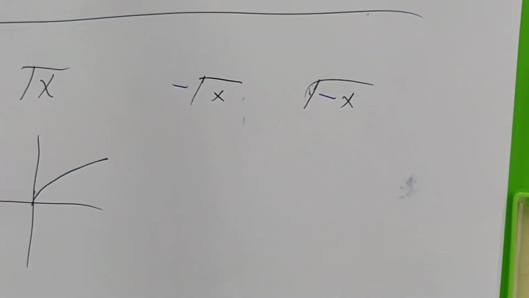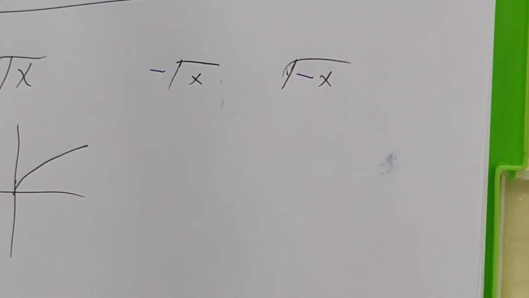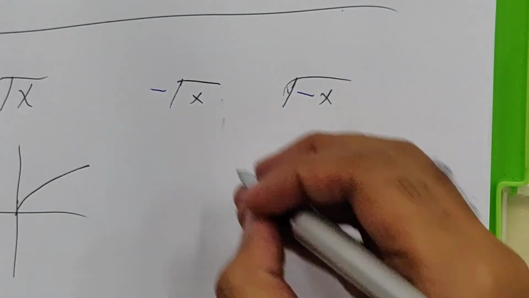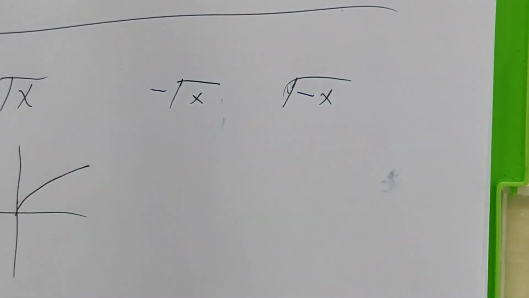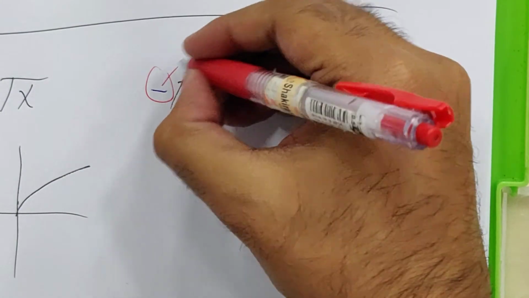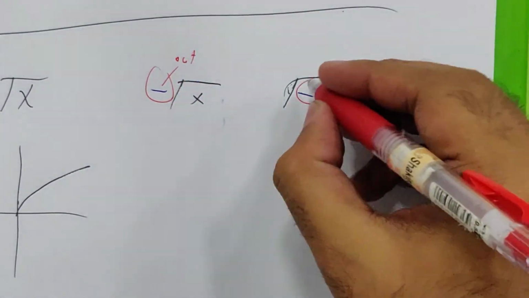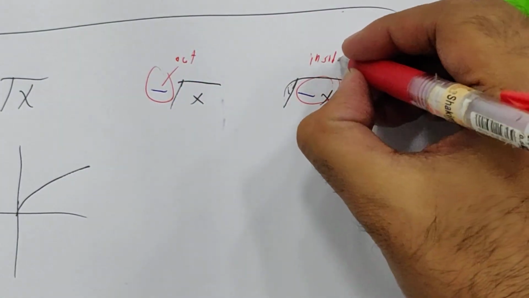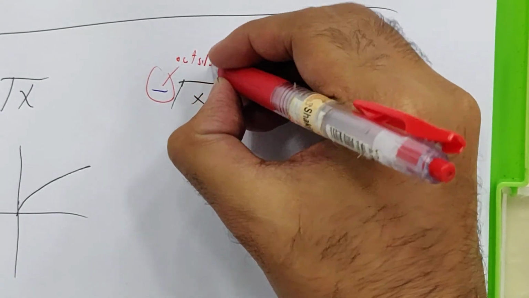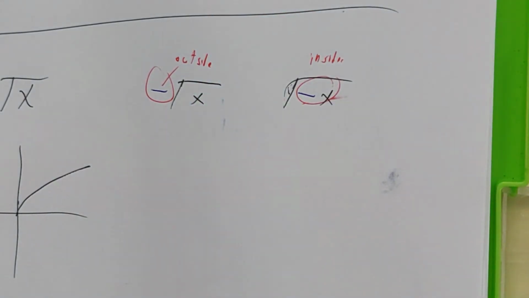So it's something that we have talked about last time. We can say this is outside, and this is inside lah. And from our last discussion, outside determines what? Up or down. Inside determines what? Left or right.